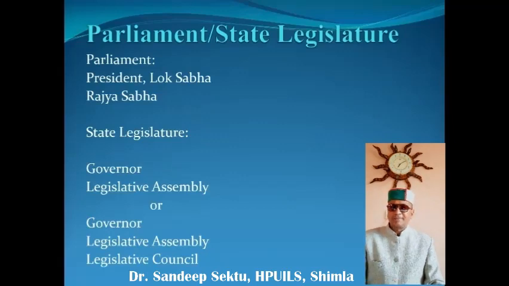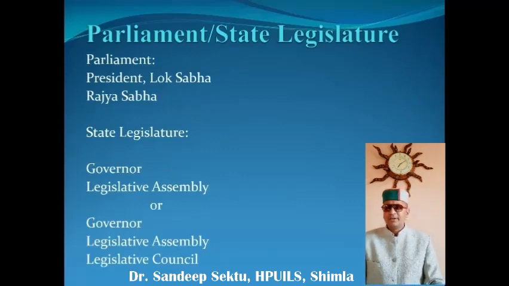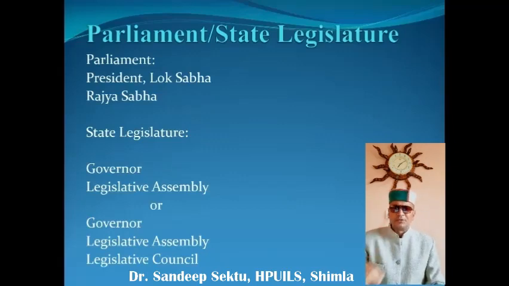In the majority of states, we have one house and the governor. So this is legislature. And in a few states, we have two houses. If we have two houses, then these two houses plus the governor is the legislature. Right? So therefore, in state legislature, we have two types of systems.